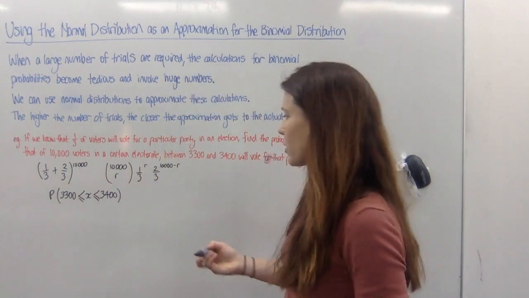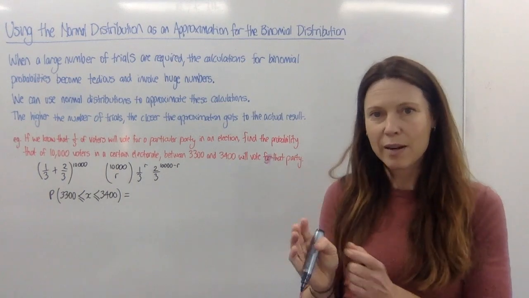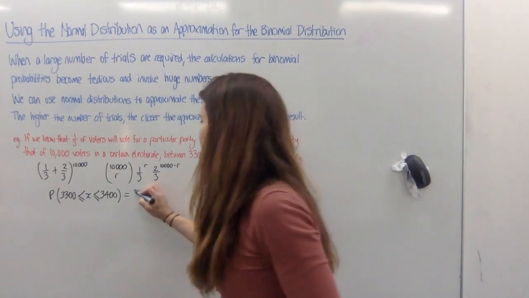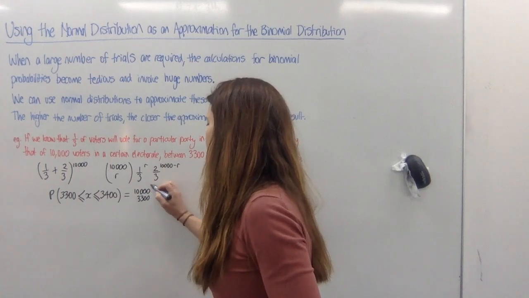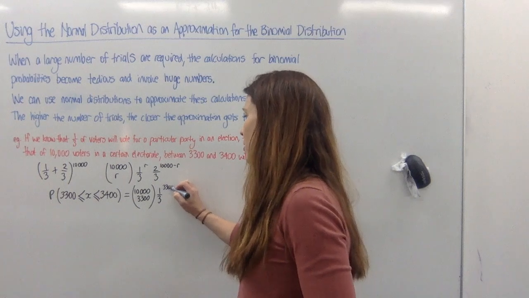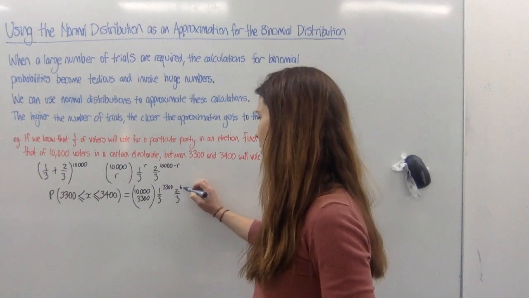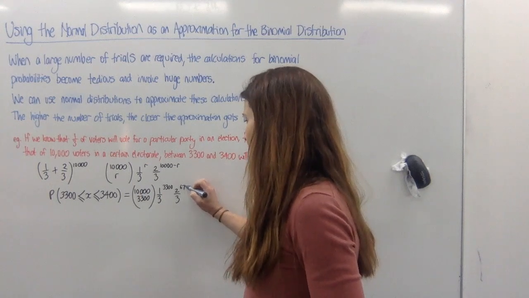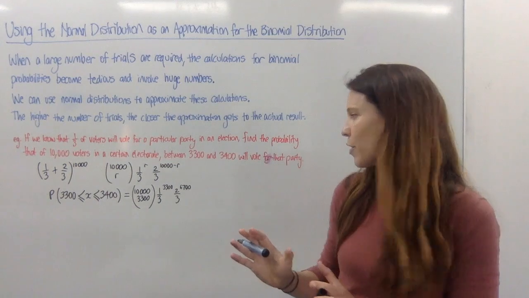there's a whole heap of work to do, because we need to find the probability that exactly 3,300 people voted this way. Now that would be 10,000 choose 3,300, 1/3 raised to the 3,300, 2/3 raised to the, what's left, 6,700. That's the chance that exactly 3,300 people voted this way.